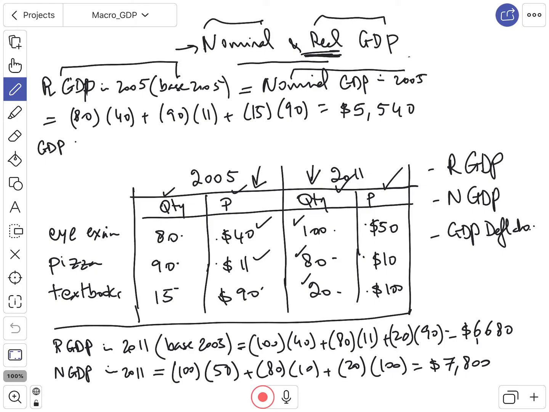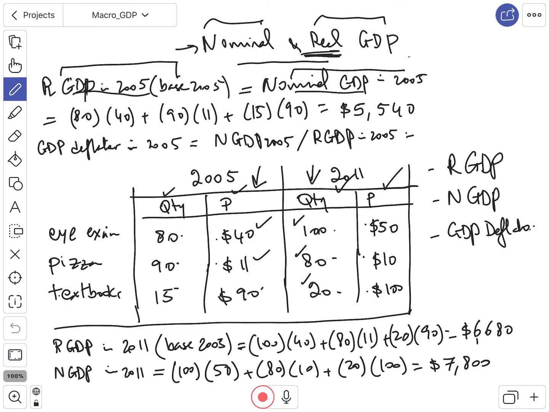So the GDP deflator in 2005 is equal to the nominal GDP in 2005 divided by the real GDP in 2005, and we already said that these are the same.